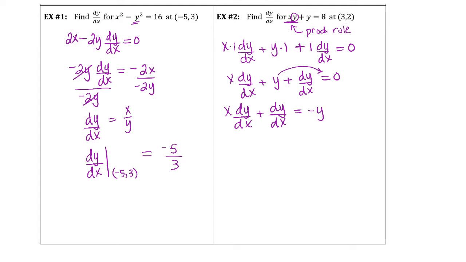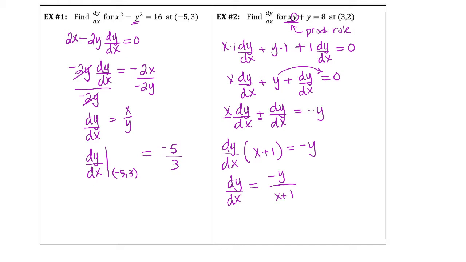And then we're going to go ahead and factor out dy dx. And if I do that, that's going to be our GCF, so we're going to do parentheses. We have an x plus, and since we're dividing, that would be a 1, equals negative y. And then finally, solving for dy dx equals negative y over x plus 1.